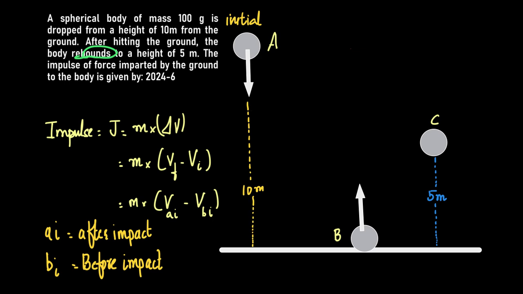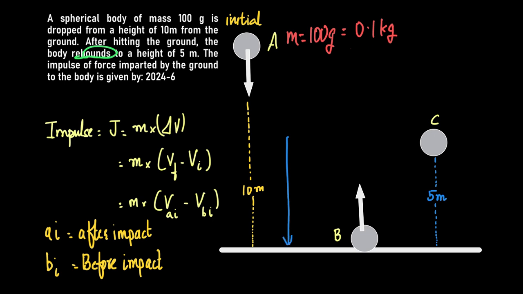So this is 10 meter. 100 grams is the weight of this object. It is dropped, it hits the ground. The body rebounds to a height of 5 meter. So the key points here are 10 meter, 5 meter, and of course, the mass is 100 gram or 0.1 kilogram.